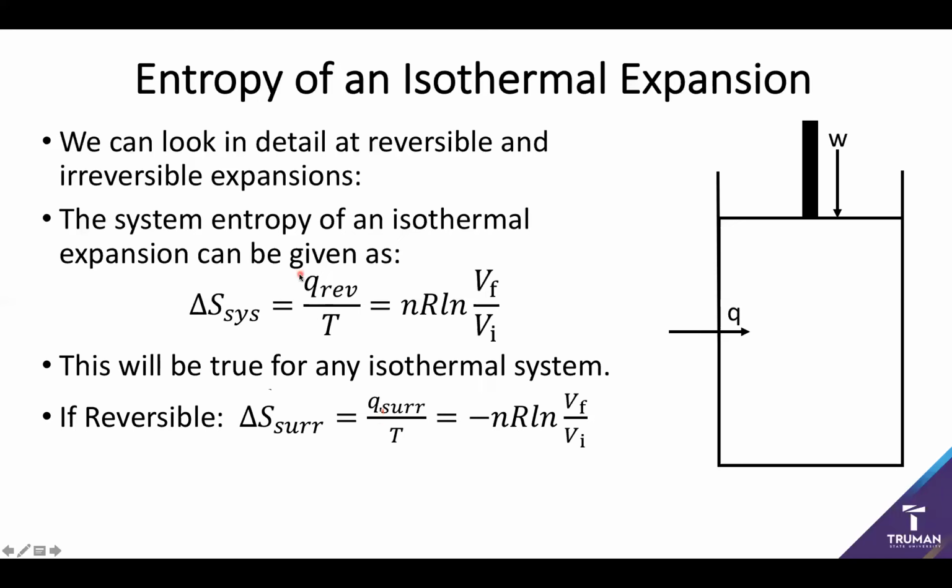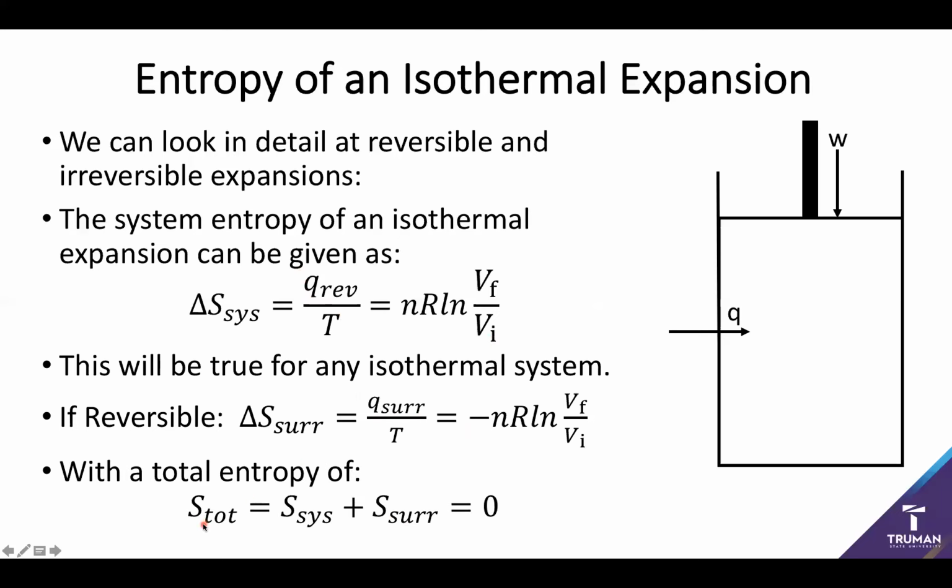Or is only going to be equal to the negative of the heat of the system under reversible conditions. However, under these reversible conditions, we do get a quite powerful relationship, as the entropy of the surroundings can simply be given as the negative of the entropy of the system.